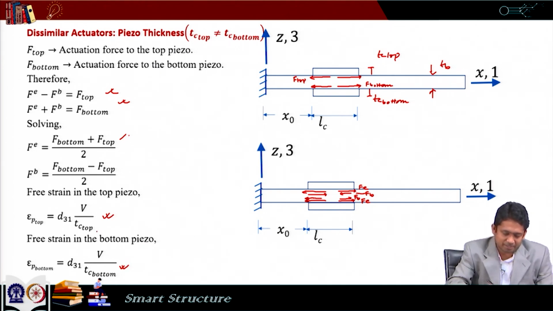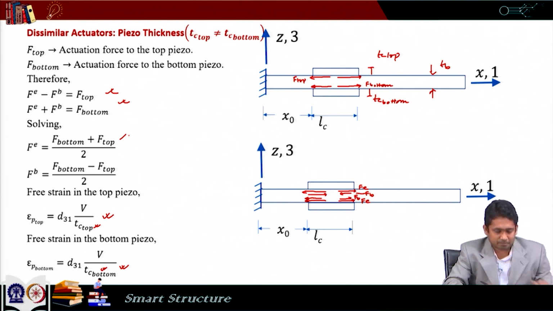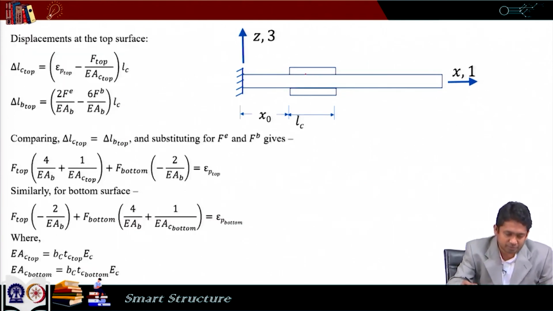So, they just differ by this term TC top and TC bottom. Now, all we need to do is to find out the axial displacements at this junction, the top surface of the beam and the piezoelectric patch where they are meeting, and at the bottom junction, the bottom part of the beam and the bottom piezoelectric patch where they are meeting.